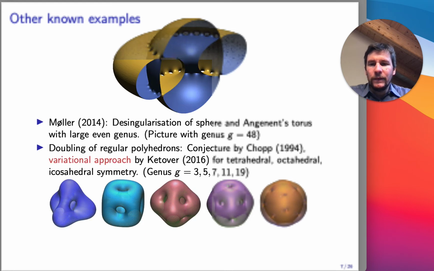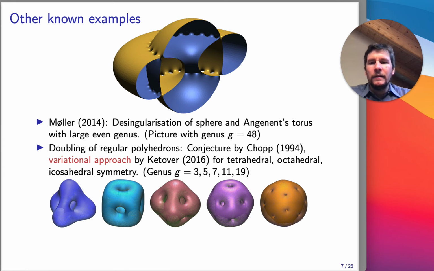Something completely different has been proposed by Choi. He conjectured that there are objects that you can obtain by some doubling construction.